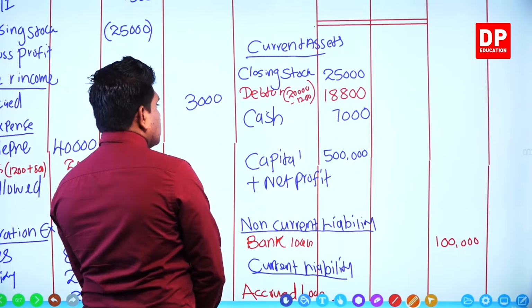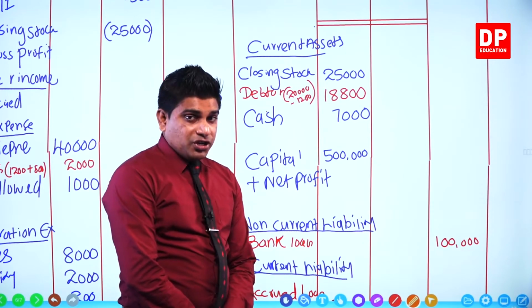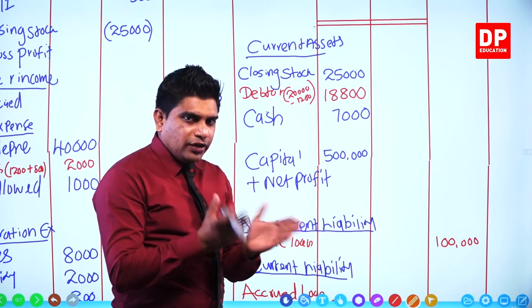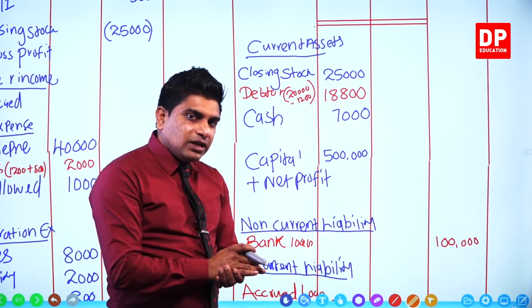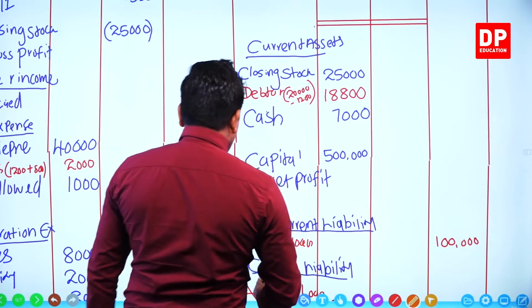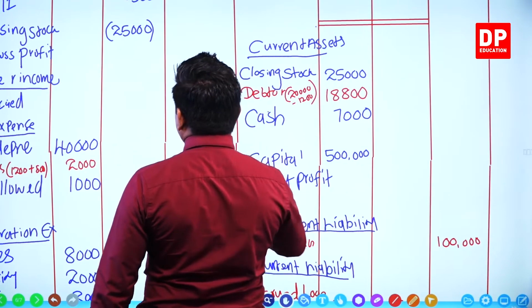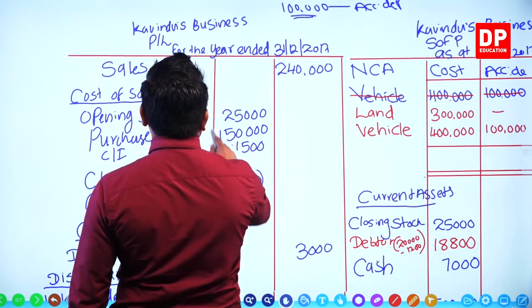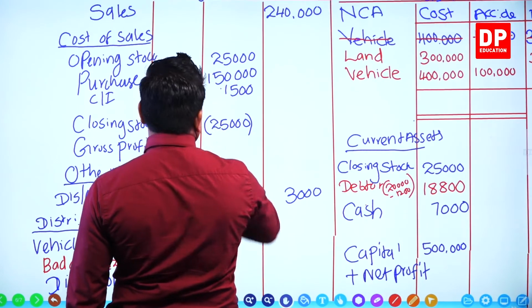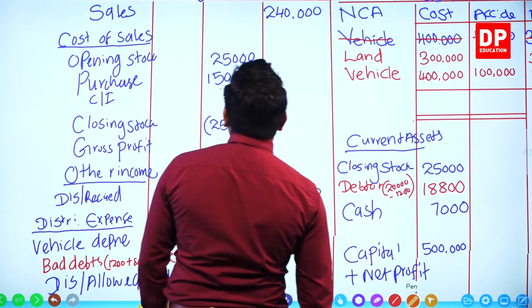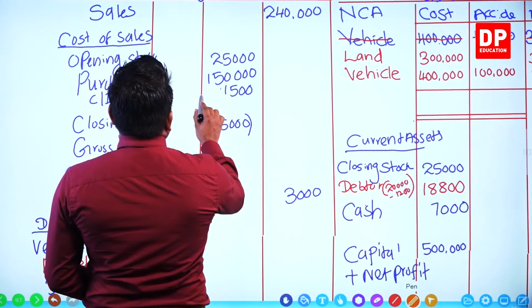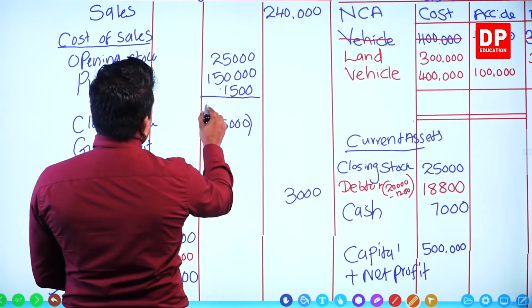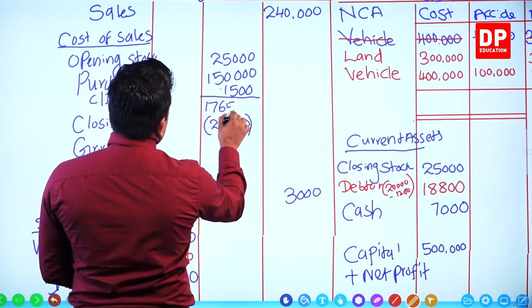Okay. Now all the details are finished, but we have to get the total. We have to calculate the gross profit. We have to calculate the net profit, and we have to bring the net profit to the capital account. Right? Now first we go to the profit and loss statement. Then you add these all to 176,500.